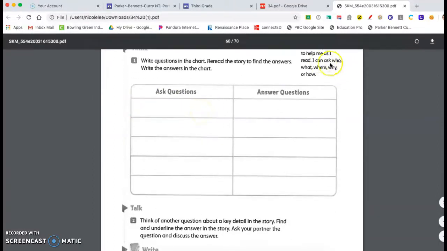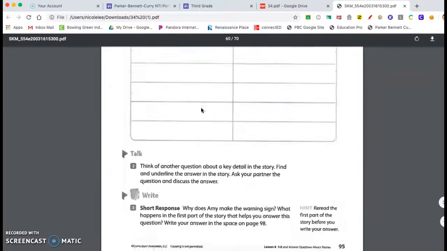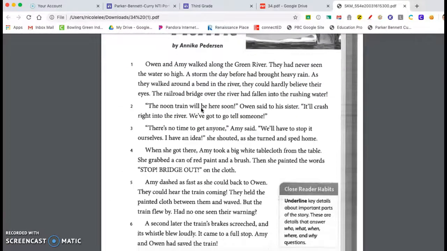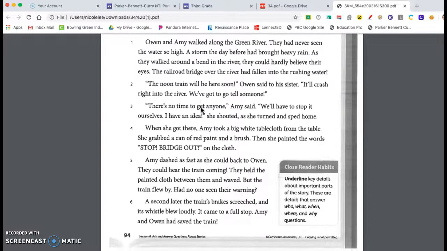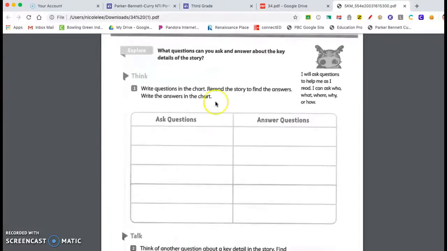Remember, who, here it gives you a clue, what, where, why, and how. So I might say, who are the characters in the story? What are they doing? Those are the types of questions you can ask right here. And then make sure you answer your question on this side.